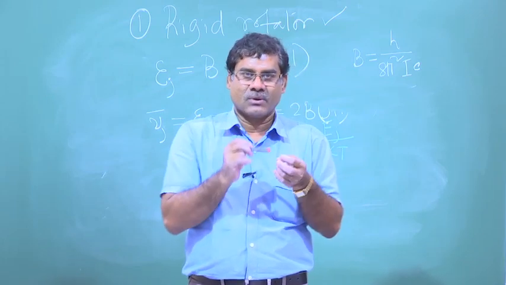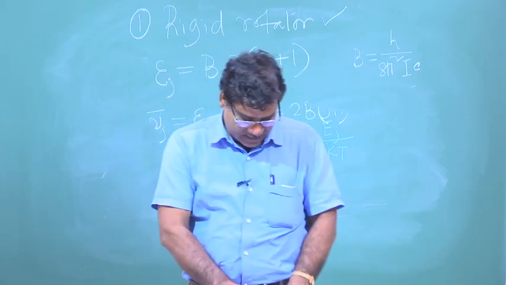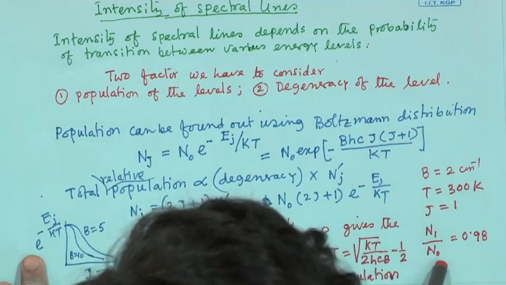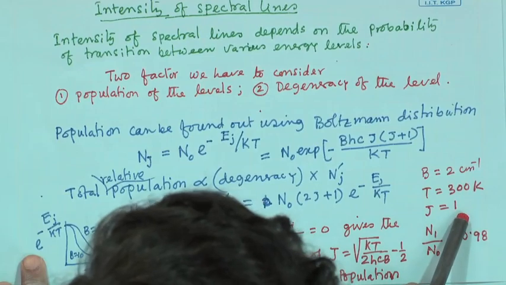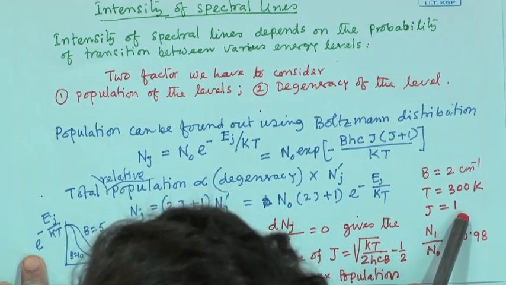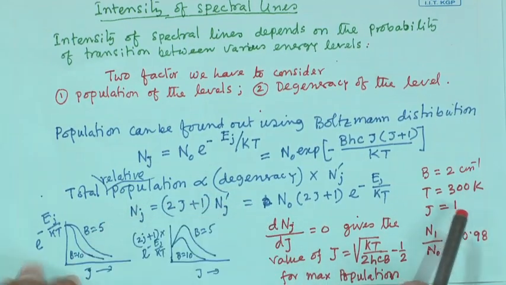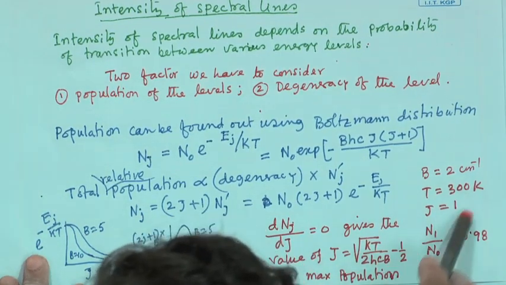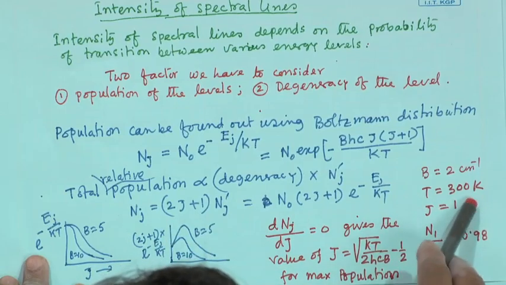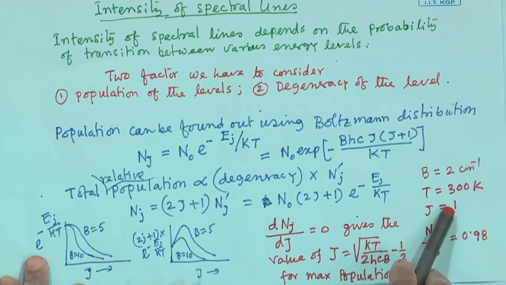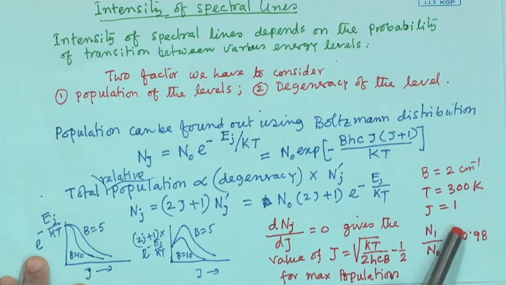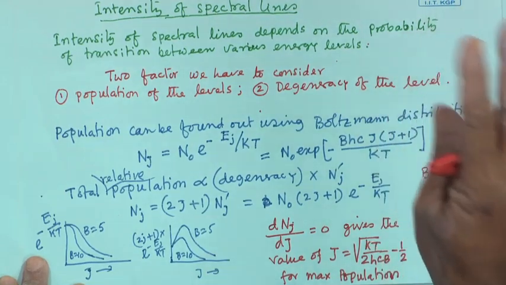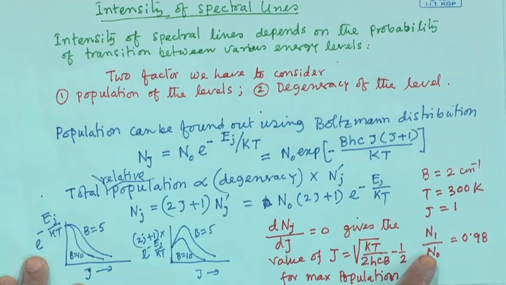I think there is a slight slip here where I took j equal to 1; one can choose j equal to 1, 2, 3, 4 that way. In the lowest energy level 98% of molecules will be there, and 2% will be in the rest, j equal to 2, 3, 4, 5.